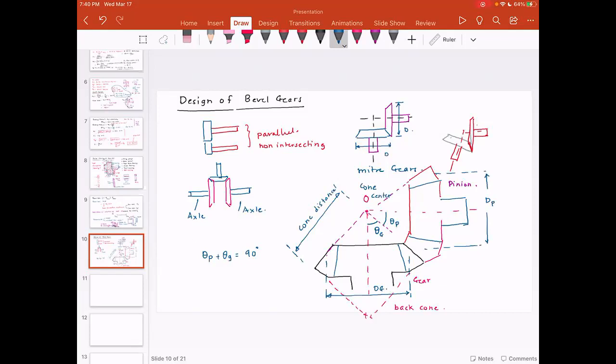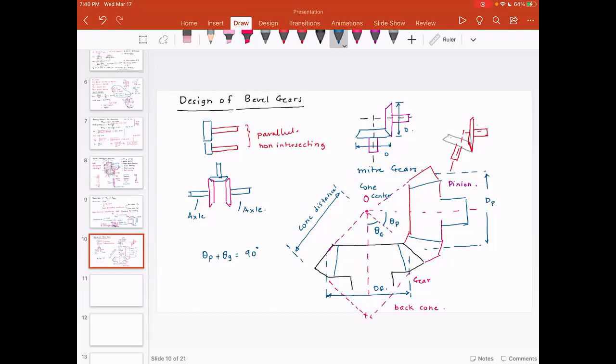And then just like the spur and helical gear, you're going to have the addendum, dedendum, and all other parameters. But the important thing here is you have a base cone and the gear is formed on that cone.